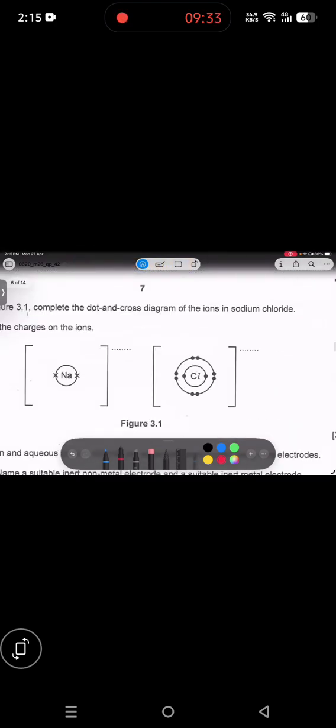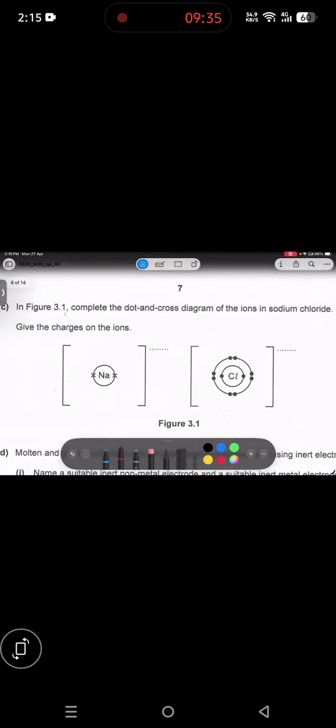Now the next question. In this question we have to complete the dot and cross diagram. Remember, in the dot and cross diagram, one of the elements must be in the crosses and the other element must be in the dots. Sometimes students make a mistake and make both dot and cross.